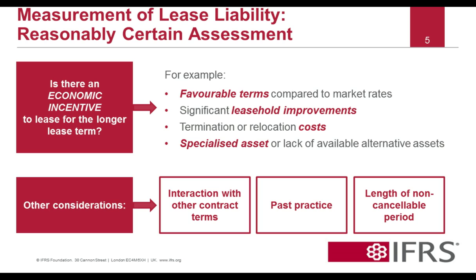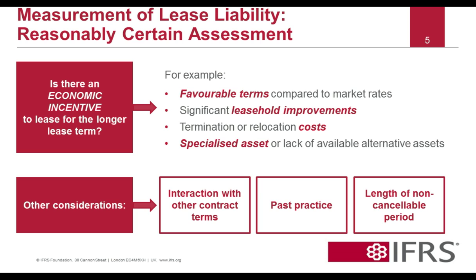In this case, if the asset is essential to the lessee's business, it would have an economic incentive to retain the lease for as long as possible. Now, in any of those circumstances, it's likely that the lessee will have a clear economic incentive to extend, and therefore be reasonably certain that it will take an option to extend.